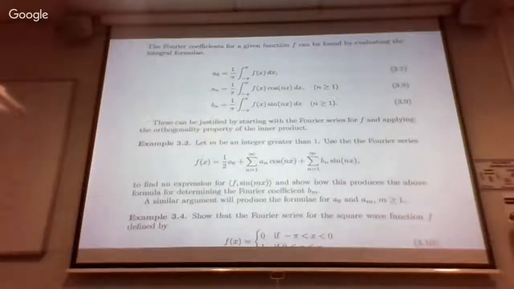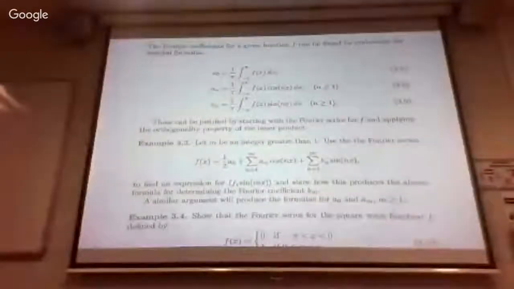Well, when you're using the nicest of all bases, the standard basis, which is an orthonormal basis, all the vectors are orthogonal to one another, perpendicular, and all of length 1, then the coefficients in the linear combination of the basis vectors are equal to the dot product between the vector and the relevant basis vector.